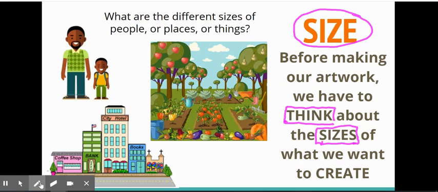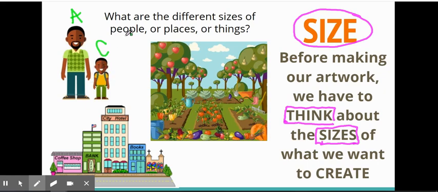Let's talk about people first. People is a little bit easy to think about because we're people and we see people all the time. With people, what matters the most is height, how tall somebody is. I put an A up here because this man is a parent, the adult, so I put an A for adult. And I put a C right here for this child. It looks like he's his child.